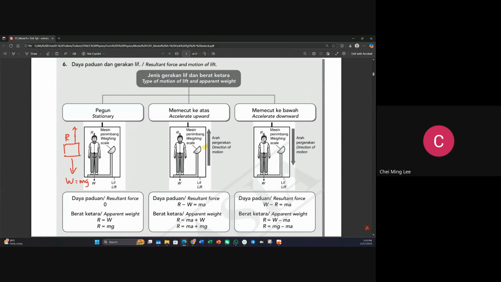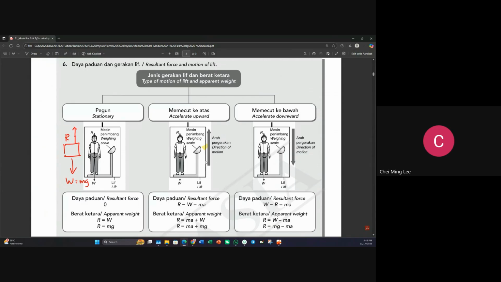With this, is the reading on the weighing scale higher or lower? It should be higher, because if we move upward, there is a force pushing downward, which makes you look heavier. So this is how, if you want to cheat that you are a bit heavier, you can stand on it when moving up.